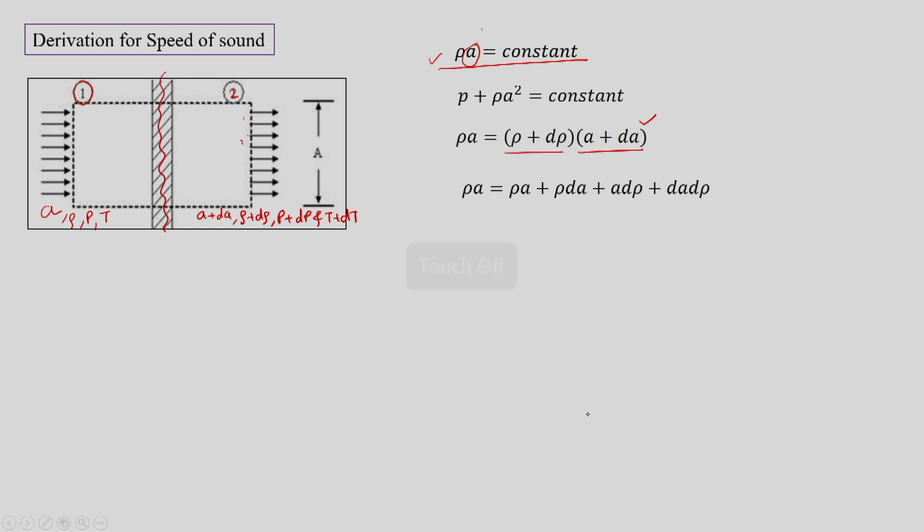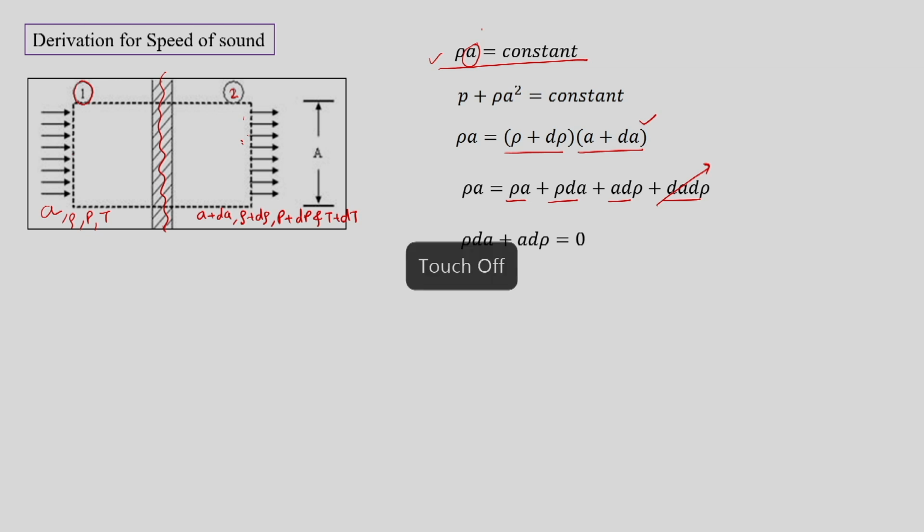Then we can expand the bracket: rho A plus rho dA plus A d rho plus dA d rho. But dA is already a small quantity and d rho is also a small quantity, so the multiplication of two infinitesimal quantities makes its order of magnitude much lower than the other terms, and hence let us neglect this term.